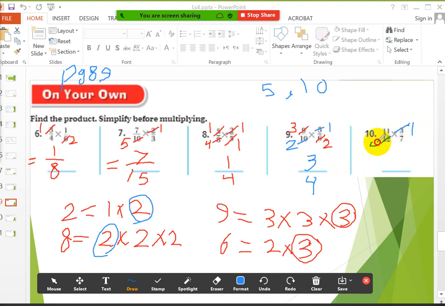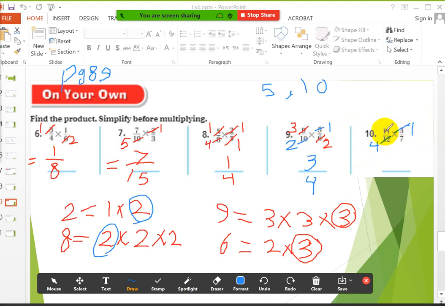12 divided 3 equals? 4. Thank you. Now, is there any greatest common factor or common factor between 11 and 7? Cannot be divided. Yes, there is no common factor between them. So now I will leave the numbers and multiply 11 and 1, the numerators.